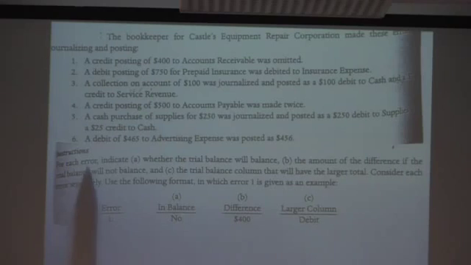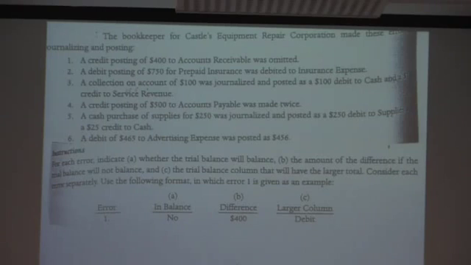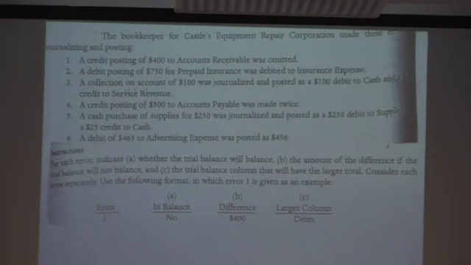In each of the errors, indicate in A: is the trial balance going to balance? The answer in this case is no, because we only have a one-sided entry. In B, the amount of the difference of the trial balance: in this case, it's going to be off by $400.